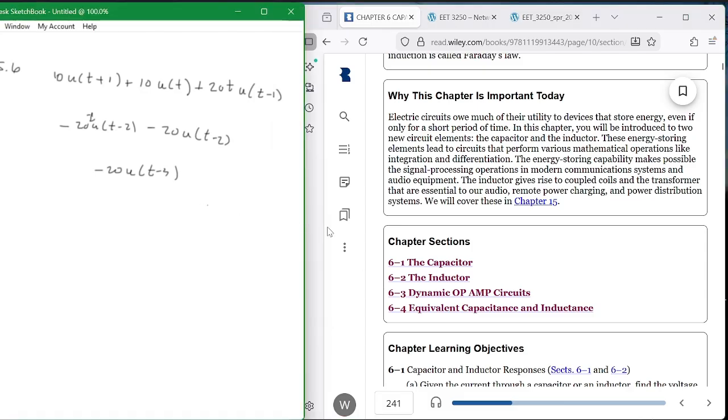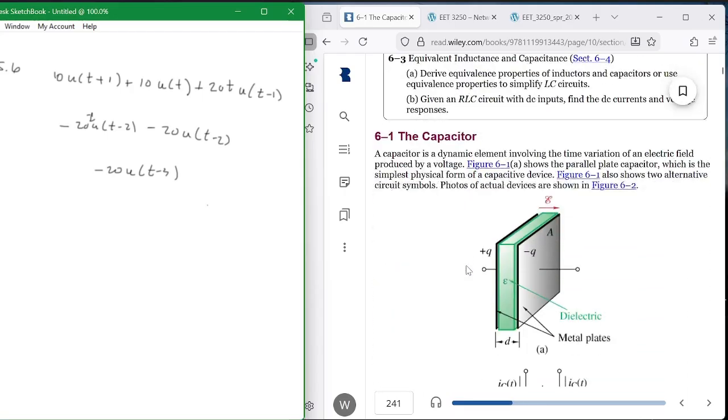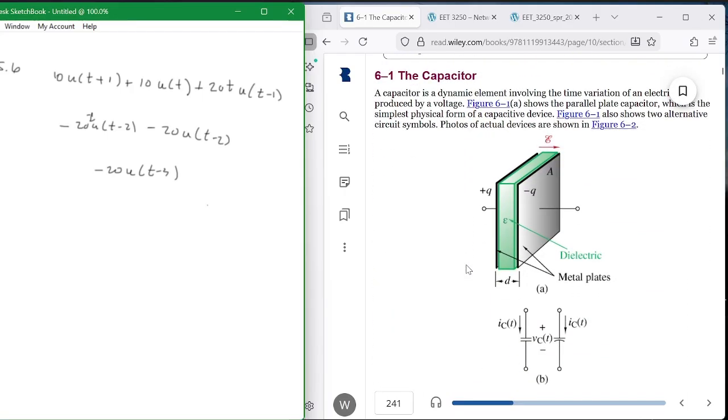Okay, so a capacitor and an inductor, you've studied it before, but basically this is what it looks like. That's a capacitor. Two metal plates, there's a distance in between them. There are no electrons that actually go from this side to this side. If there are, it's no longer a capacitor. Okay? So how does this thing actually work?